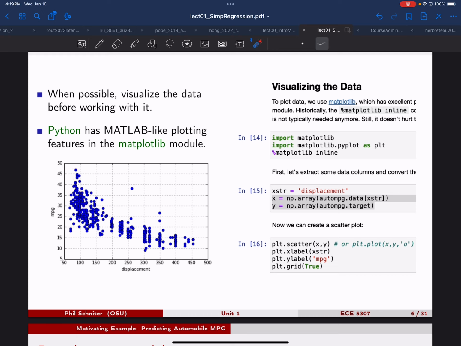So just a little bit of extra details about how we got this plot. For this, we're going to use a library called matplotlib. It's a really nice library of plotting functions, and the syntax is almost exactly the same as MATLAB. So if you're familiar with MATLAB plotting, essentially you know how to use this. We're going to abbreviate it, the most important part is plt.